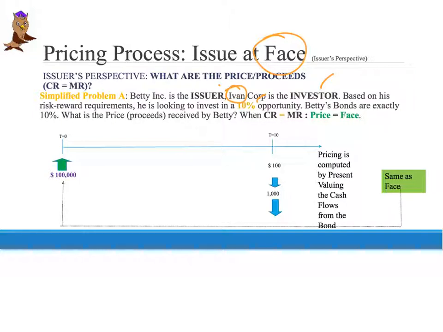Betty's bonds are exactly that 10%, so there's no need to do anything to the actual pricing. We know the pricing will be the same as face, so we don't even have to do this calculation. We know already that when the contract rate is the same as the market rate, the price will be the same as face, and so we're set in this case.